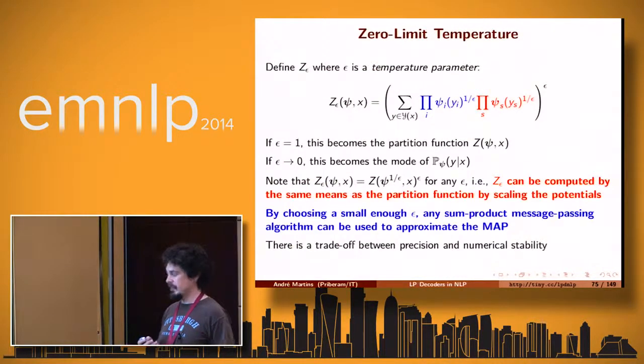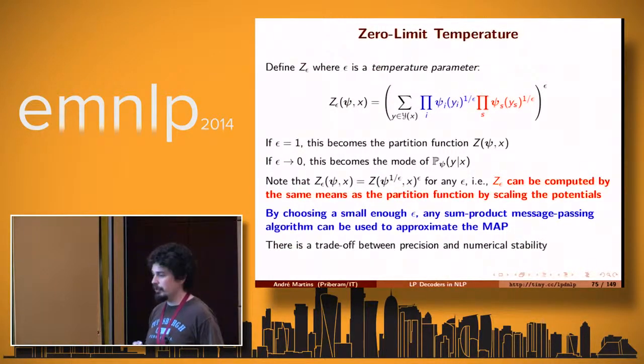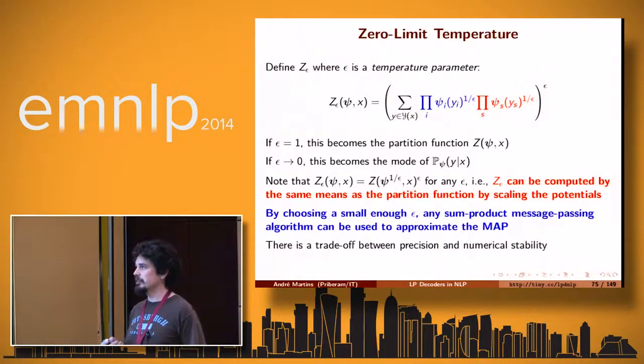One thing that is quite important is that if you have devised an algorithm for computing marginals, we can turn that algorithm into an algorithm to compute the MAP. The reason that allows us to do this is by defining this function here, Z epsilon, where epsilon can be regarded as a temperature parameter. What you are doing here is exponentiating the variable potentials and the factor potentials by 1 over epsilon, and then exponentiating the entire sum to epsilon.